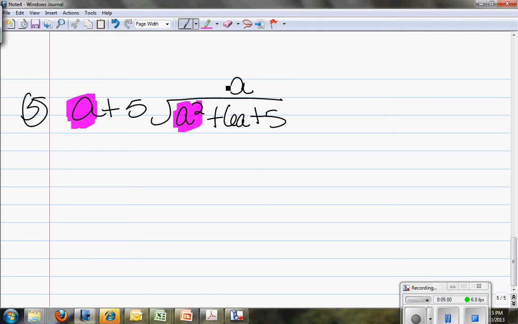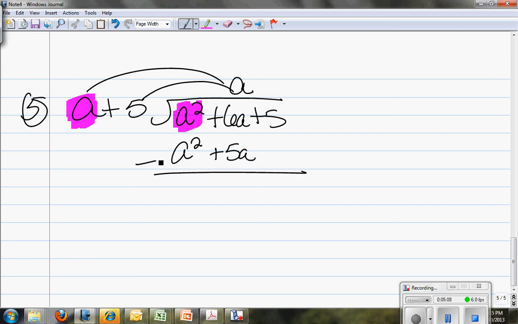A, and then we're going back. A times a squared. A times 5, 5a. Now let's see. If I subtract, this goes away, because that's 0, but 6 minus 5, I'm left with 1a here. And then, just like long division, you have to carry down what's left, this 5.